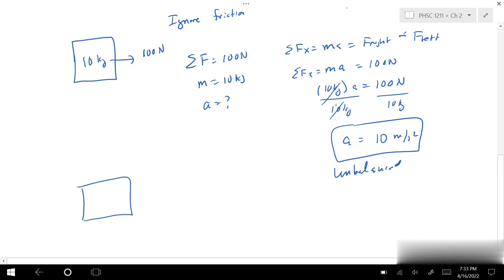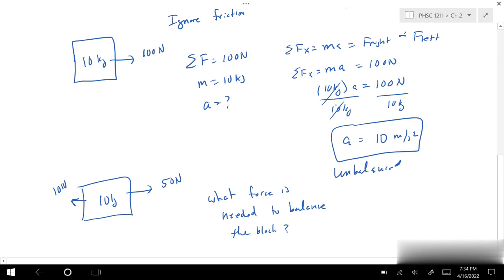So this is also how we're going to calculate our accelerations. If I ask you, if you had a 10 kilogram block and we have 50 newtons here and 10 newtons here, so here's a question I could ask you: what force is needed to balance the block?